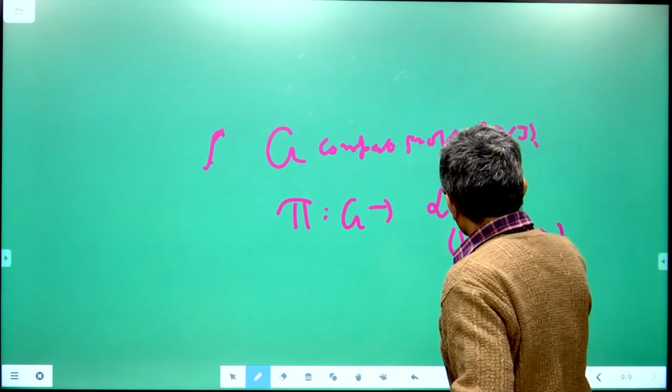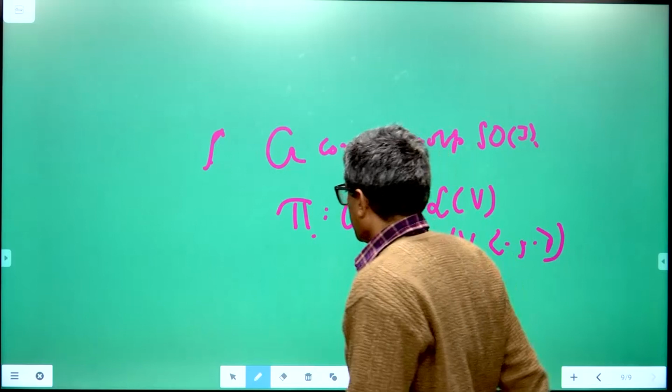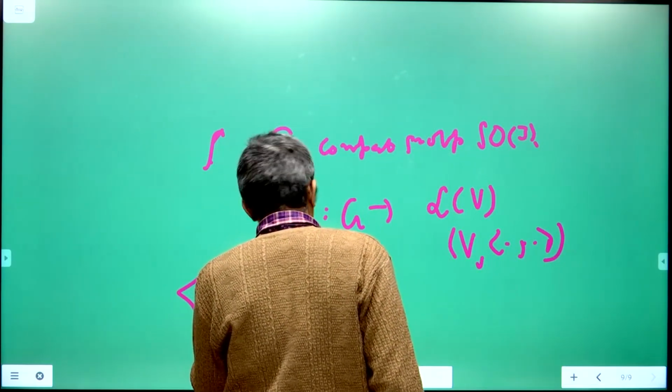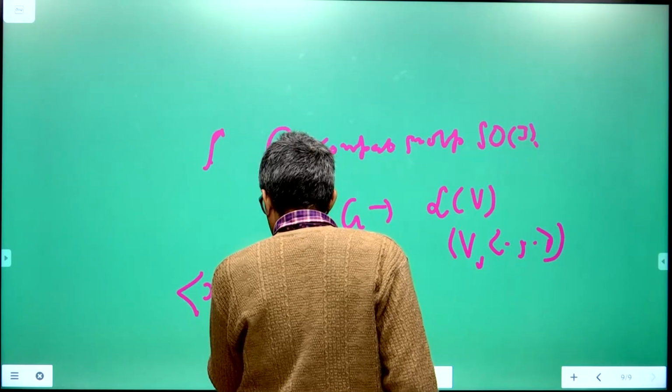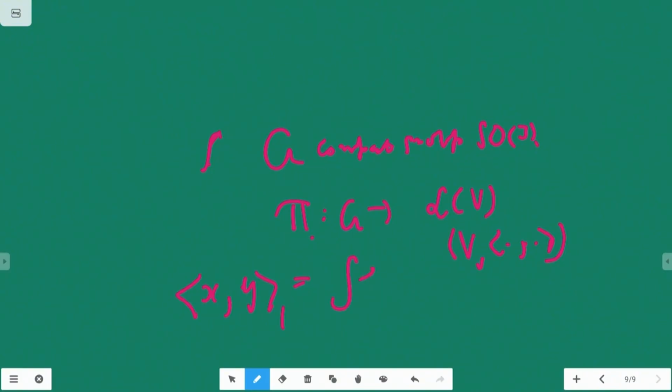Then I can always modify this inner product such that pi becomes a unitary representation. How do you do so? Simply I define a new inner product between two vectors in V, x comma y 1, equal to the integral of pi g x comma pi g y dg, where dg is the Haar measure on the compact group.